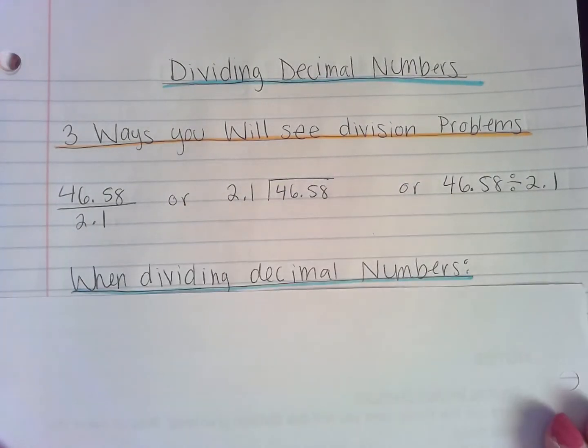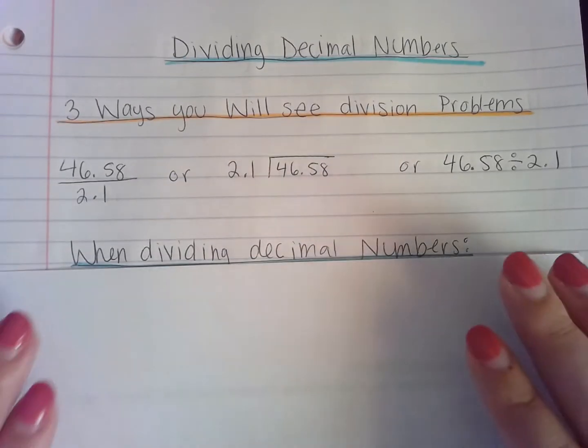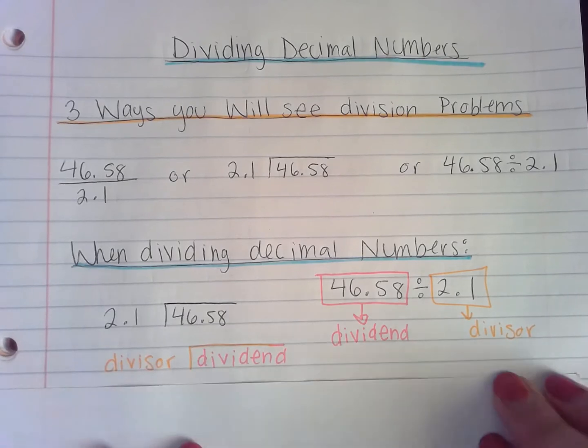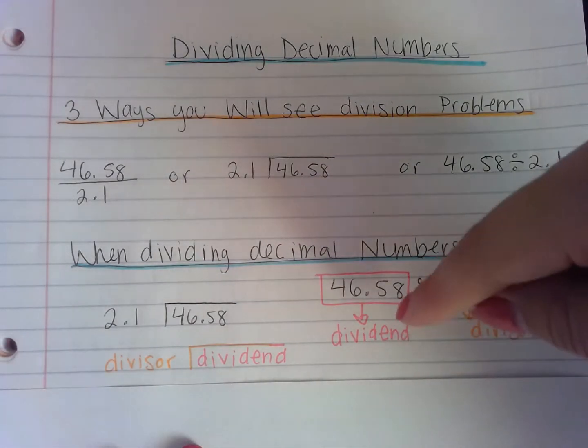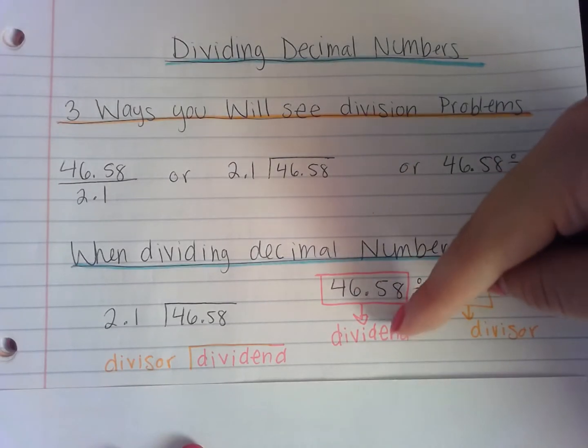Now, when we are actually dividing decimal numbers, I put it into 4 steps so you guys can easily visualize this. First thing that you need to know before we get into those steps is what is a divisor and what is a dividend. So I used the same examples that I used above. Right here on my right hand side, I have 46.58. That's my dividend.